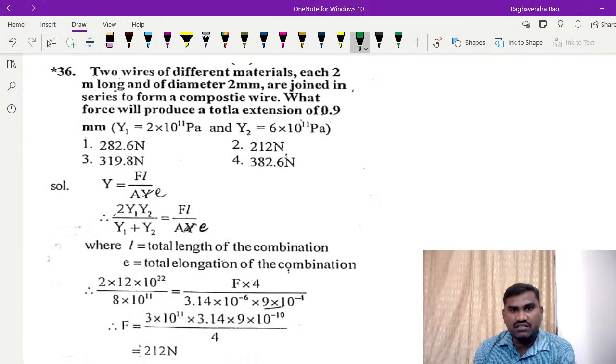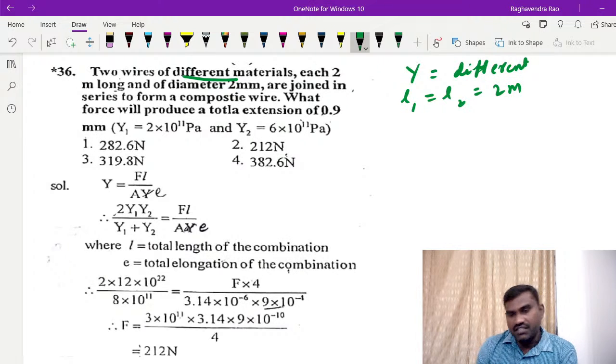Next, two wires of different materials, each 2 meters. Different materials means Young's modulus is different. Each 2 meter long, that means L1 is equal to L2 is equal to 2 meter, are joined in series.